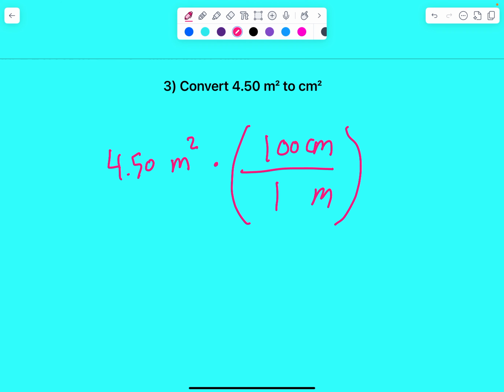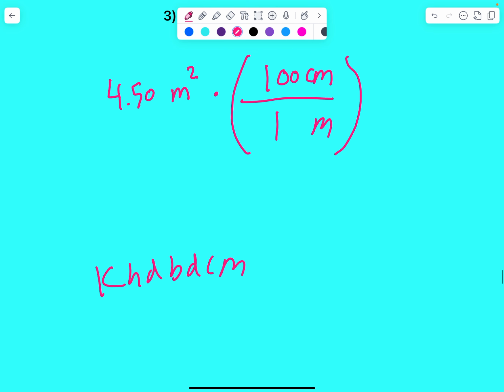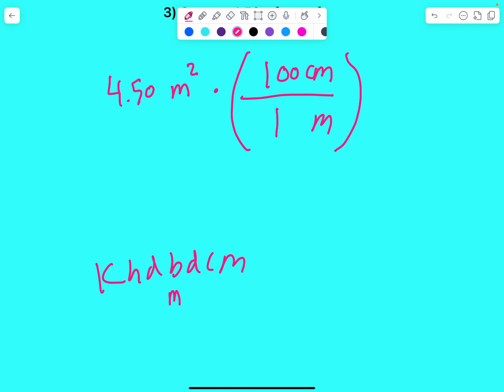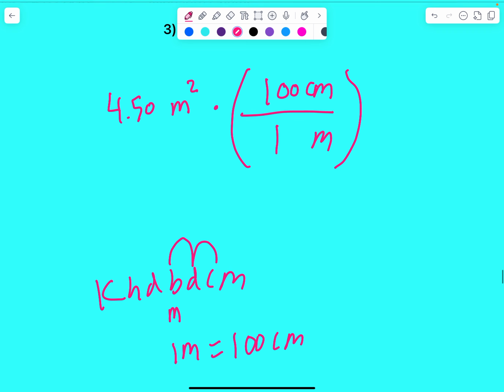And again, if you don't have a conversion sheet and you don't want to memorize that, do King Henry died by drinking chocolate milk real quick. You start off at the base of meters and you're going to 100 centimeters. So look, 1, 2. So 1 meter equals 2 zeros because we moved to the right twice. So 100 centimeters.